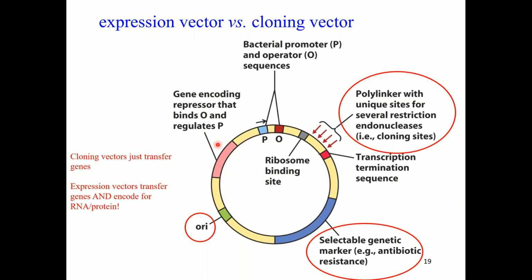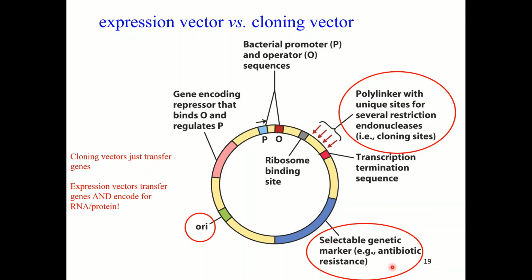And the generic vector or plasmid is shown here with some parts to it. The parts that are circled in red are ones that are in both expression vectors and cloning vectors. So a polylinker or multiple cloning site, they typically both have that, and that's where you would insert your gene of interest. Okay, a selectable marker.